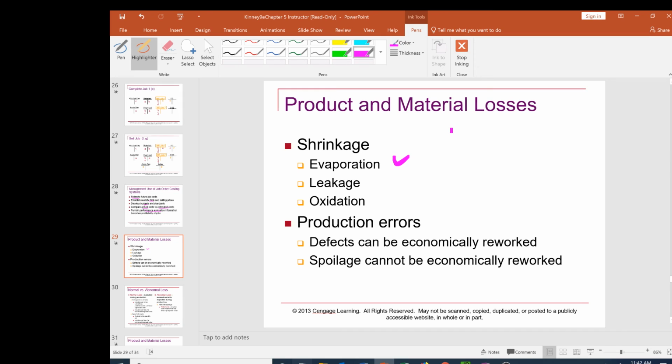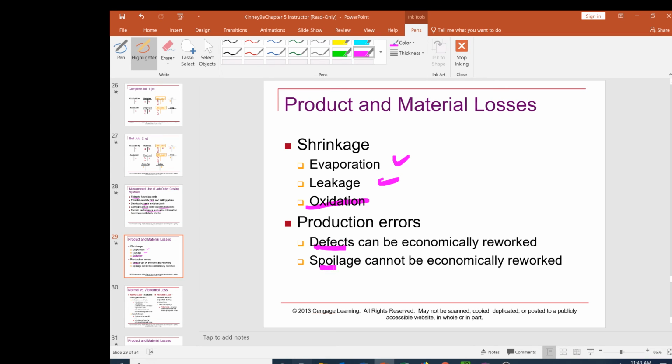Milk could possibly evaporate, but gasoline definitely evaporates. It evaporates on the side in the tank. So, you think you got 1,000 gallons of inventory in a gas tank, you may have 800. Leakage, that's anything put in containers underground. What does oxidation mean? Like rust.